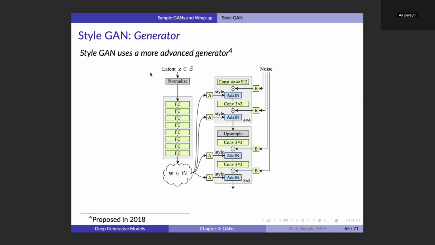In the StyleGAN architecture, we generate a latent sample, and then we first go through a bunch of fully connected layers. We process it a lot into a decomposed form of the latent, where every single part of the latent is supposed to help us generate some part of the image that we want to generate.